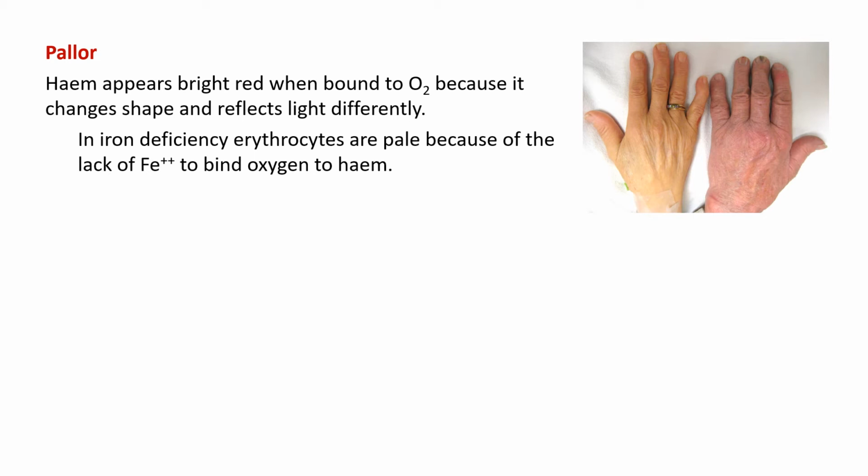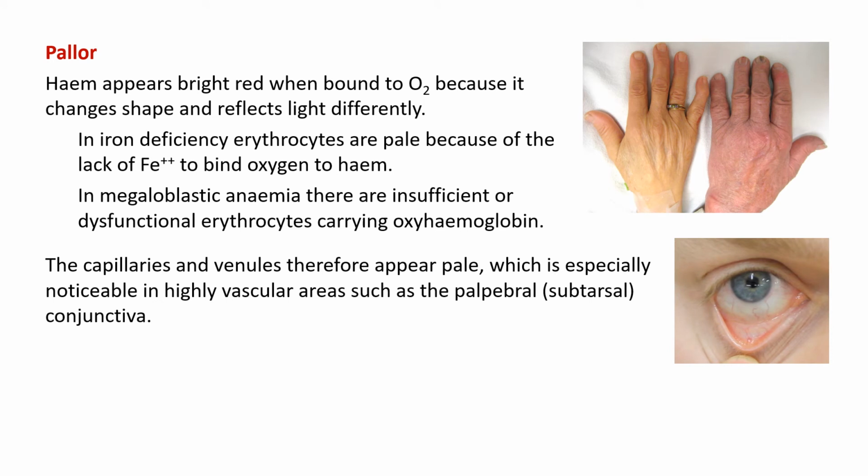So, as we said, in iron deficiency, erythrocytes are pale because of the lack of iron to bind the oxygen to the heme. In megaloblastic anemia, there are insufficient or dysfunctional erythrocytes carrying the oxyhemoglobin. So in one, we don't have the iron to bind oxygen.